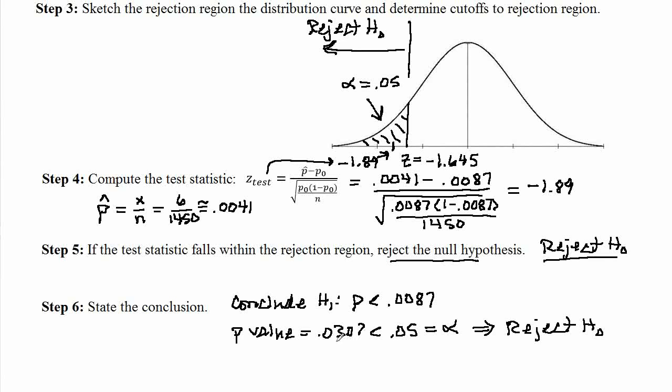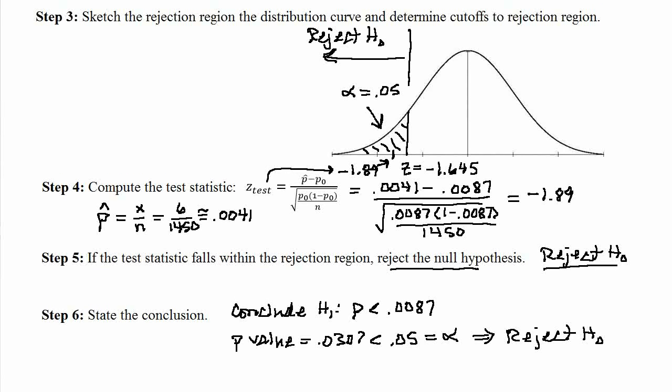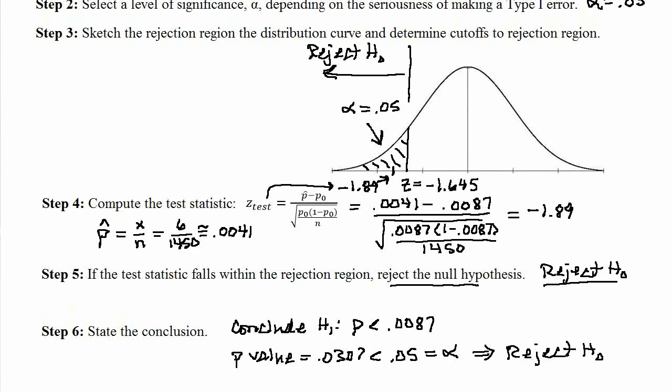So since there's less area here, that statistic has to be farther out to the left on the distribution. That pushes it into the rejection region. So this is just a double check here to compare the classical method to the p-value method.